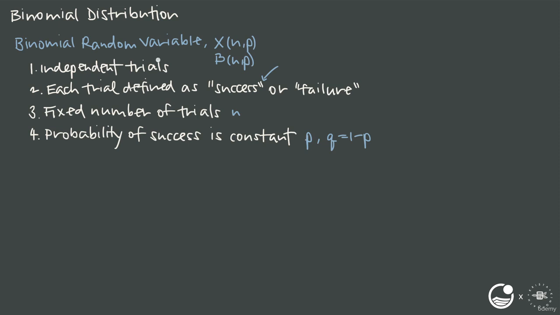Contrast this with something that doesn't meet the criteria for a binomial random variable, like pulling cards from a deck of cards without replacing the cards. So if we're pulling cards from a standard 52 card deck and we're not replacing them, then right away we know that our trials are not independent, because when we pull the first card, we start out with 52 cards in the deck, and so the probability of pulling any one card is going to be 1/52.